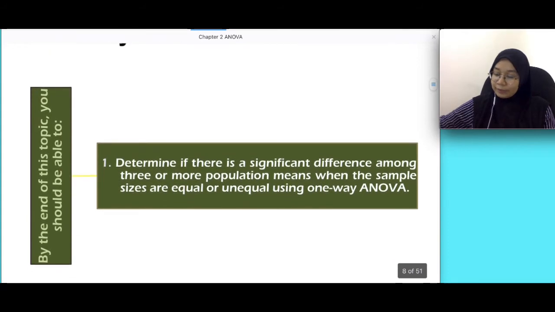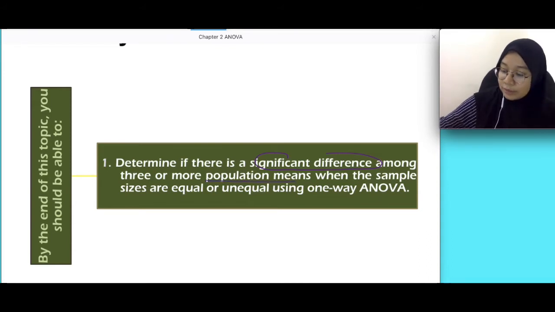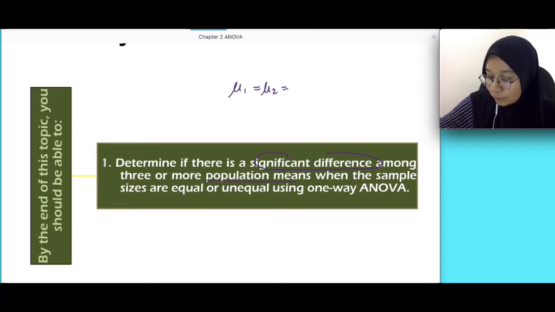In one-way ANOVA, you should know how to determine if there is a significant difference among three or more population means. So in one-way ANOVA, we want to test mu1 equals mu2 equals mu3 up until mu(n). Similar or not?